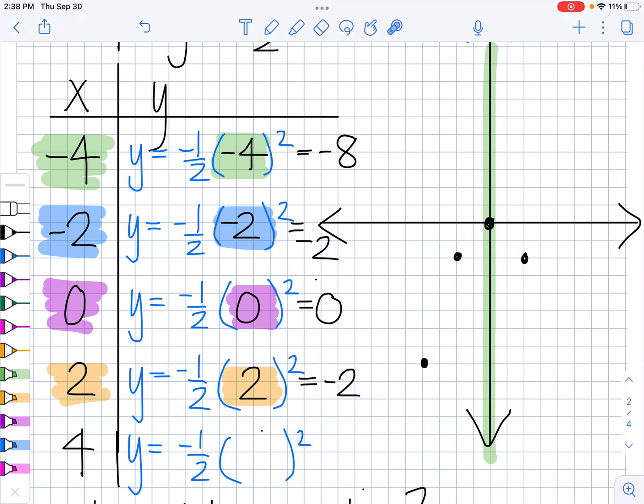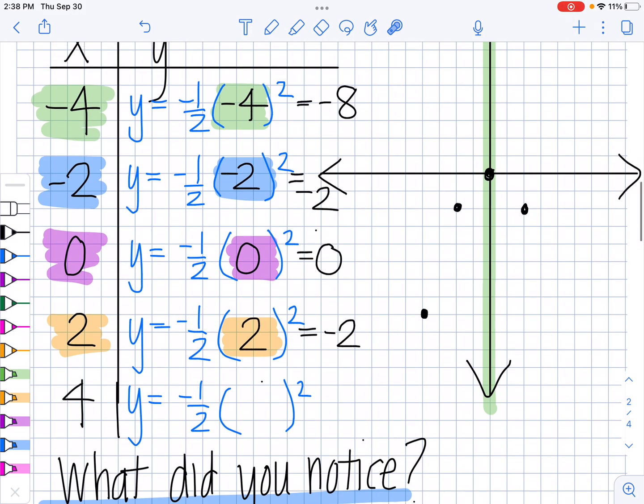And let's try it this way. If I just use my bonus point, I'm 4 away from the axis of symmetry, so 1, 2, 3, 4 away would be right here. So I can put my point right here. And let's just see if I'm right.